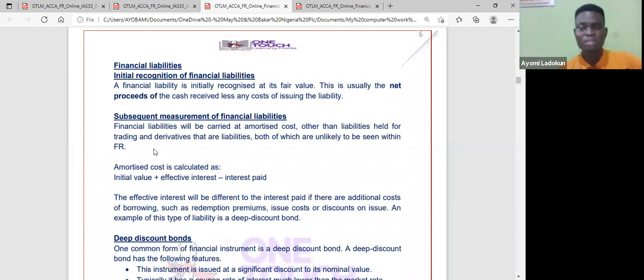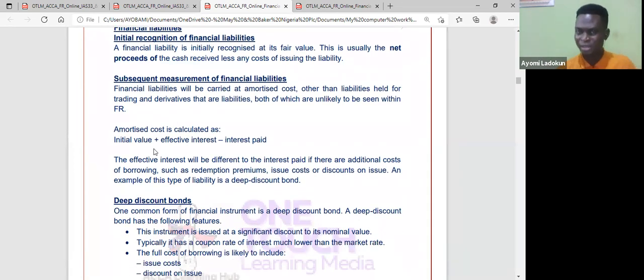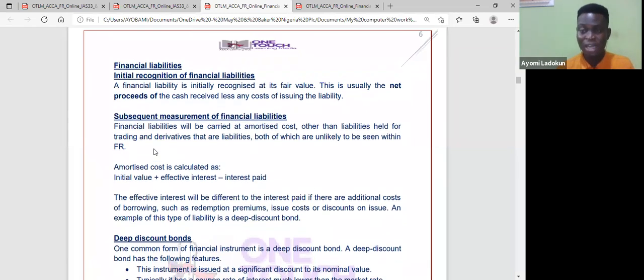Now, financial liabilities are initially measured at fair value, okay? It's usually the net proceeds of cash received less any cost. And on subsequent recognition, financial liabilities can be measured at amortized costs, okay?